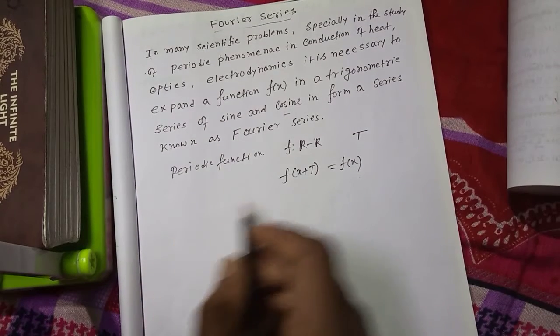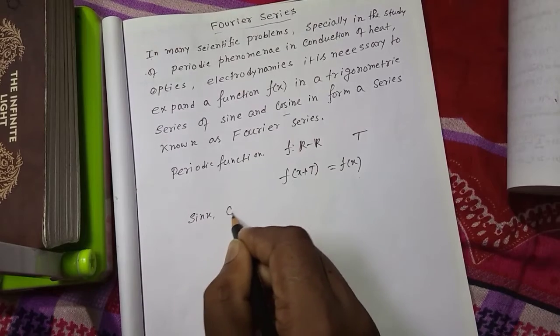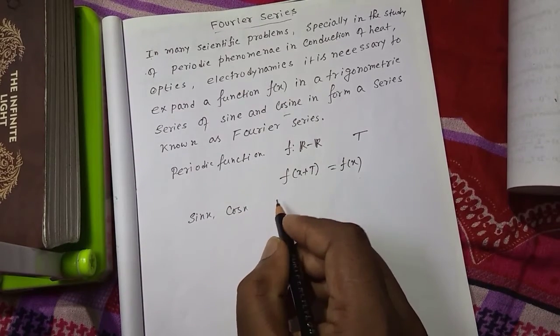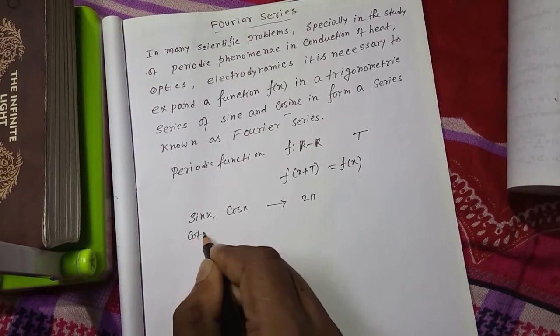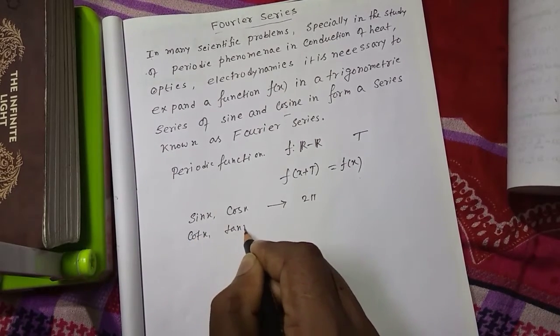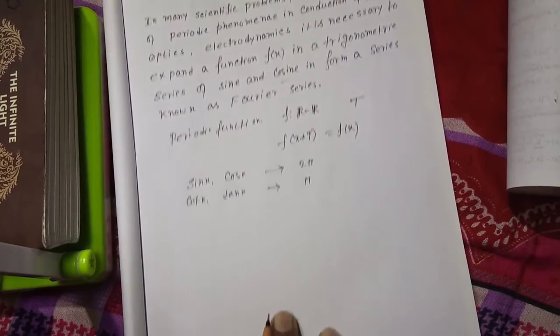We also know that sin x and cos x are periodic functions with period 2π, and cot x and tan x are periodic functions with period π.